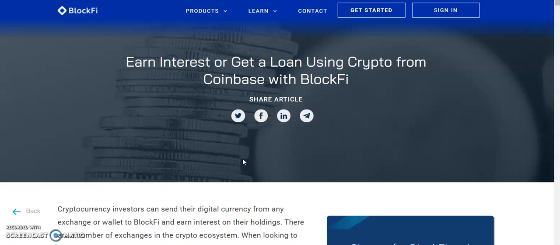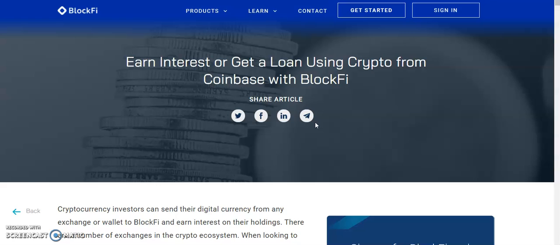But I find if I get too diversified and too scattered, I end up losing money. If I stay focused on one thing, I can do really well. And so that's what I'm doing right now, collecting my 32 ETH by using BlockFi's earn interest account.